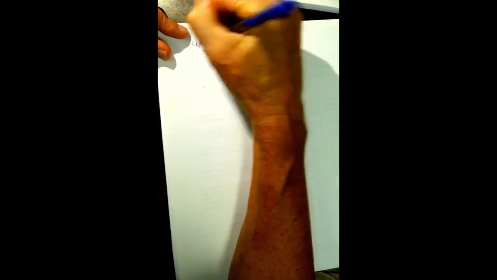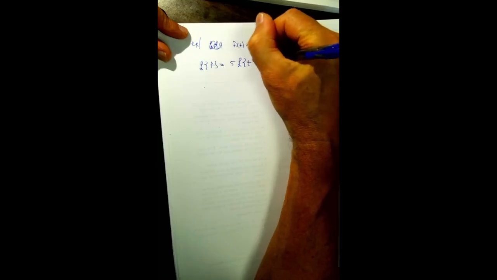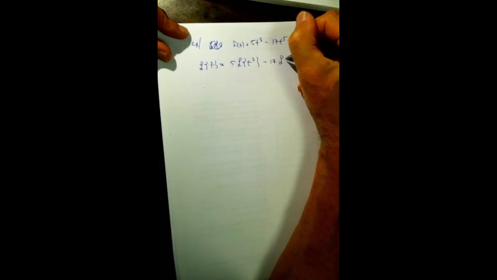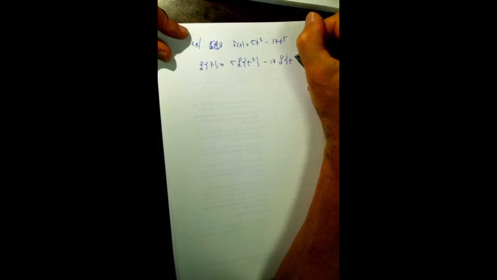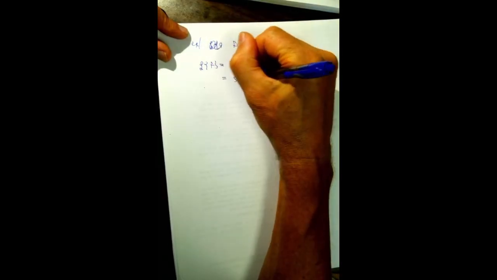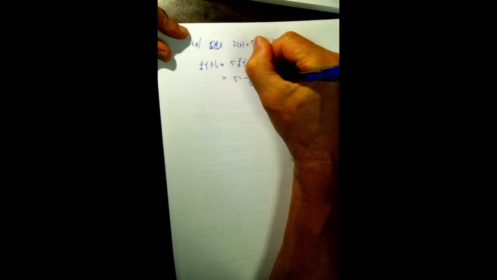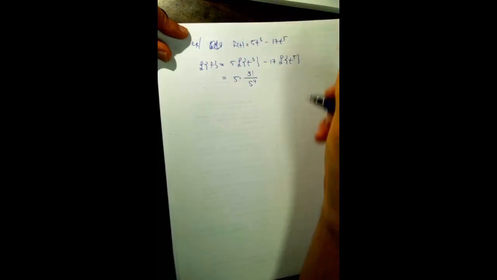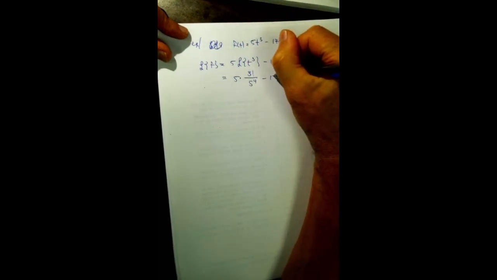All right, another example. So f of t is 5t cubed minus 17t to the fifth. The Laplace transform of f is going to be 5 times the Laplace transform of t cubed minus 17 times the Laplace transform of t to the fifth. So here n is 3, so this is going to be s to the fourth, and the numerator is going to be 3 factorial.